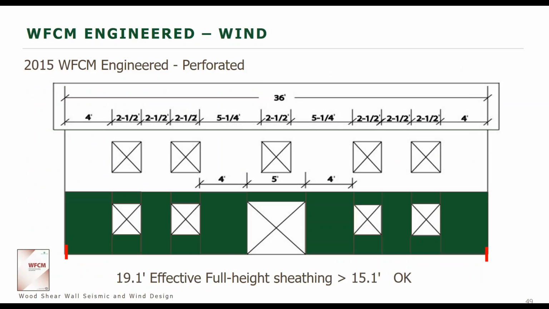So in both cases, our provided effective full height sheathing length of 19.1 is sufficient. So we need more full height sheathing in this perforated approach, but again, we have fewer hold downs. So, you know, it depends on who you're trying to make happy, your Simpson Strong-Tie guy or your sheathing representative, right?